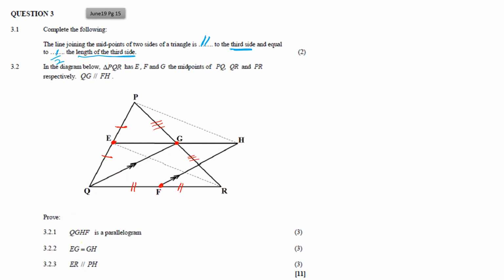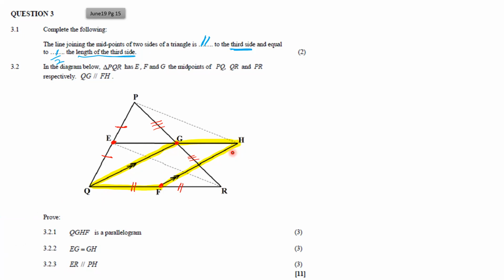The question states, prove that EQGHF is a parallelogram. I'm going to highlight that. If you've got a highlighter out, let's quickly highlight that. So we're looking for Q, G, H, F. Now, if we look at the diagram, you will immediately notice that we already have one pair of opposite sides parallel, but that does not make it a parallelogram.